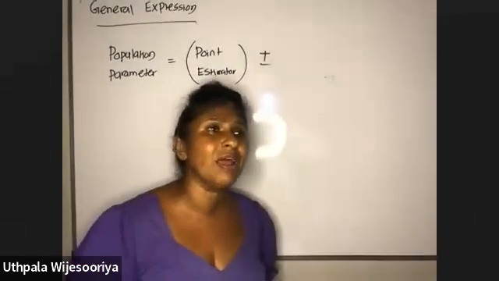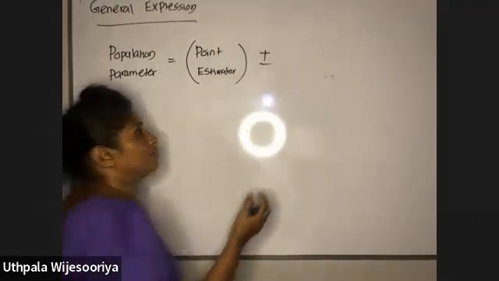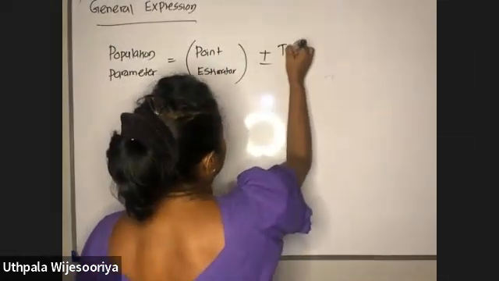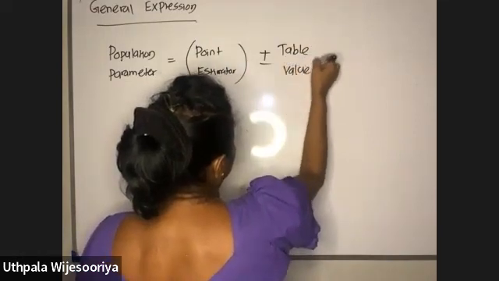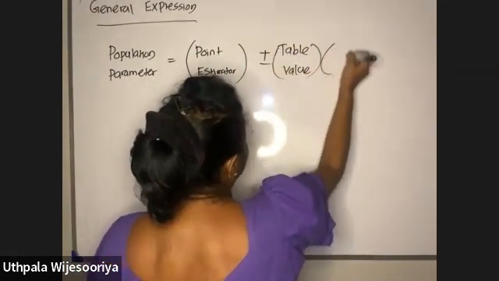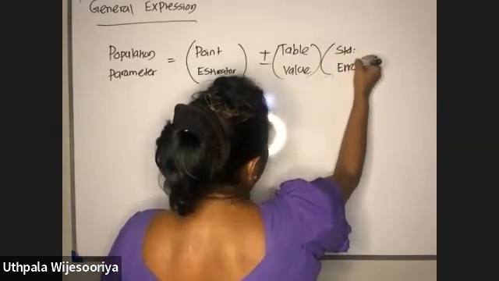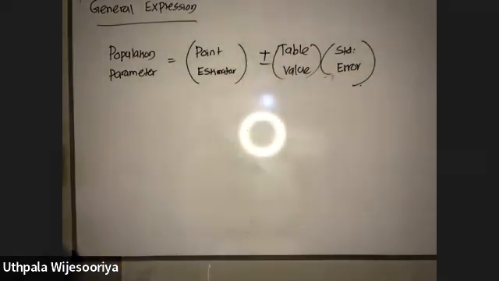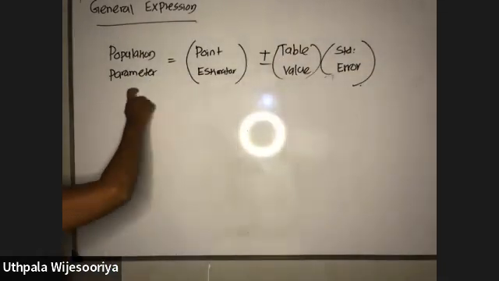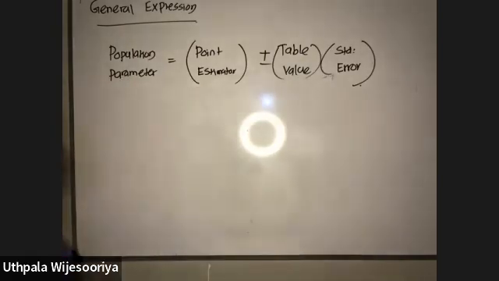What is that table value? That is your confidence level, so it may be a Z or T value. Table value into standard error. Now this is the general formula for evaluating our unknown population parameter. Population mean is equal to sample mean plus or minus table value into standard error.